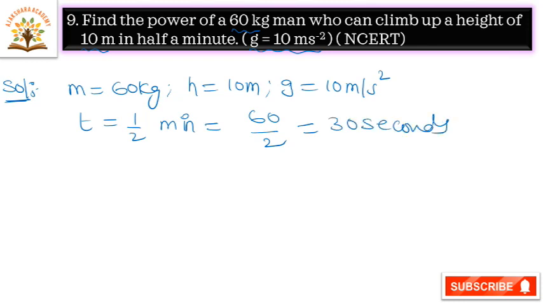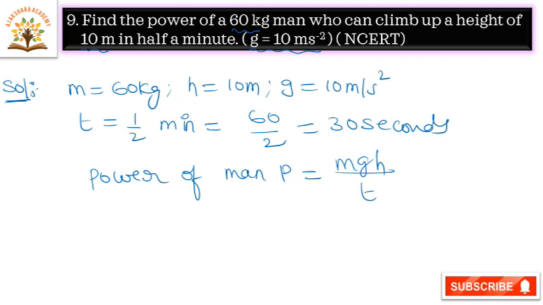Now power of a man, P is equal to mgh by t. Substituting values, P is equal to 60 into g, nothing but 10, height they are given as 10, and t they are given as 30 seconds.